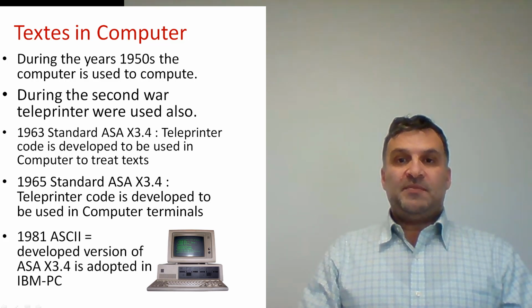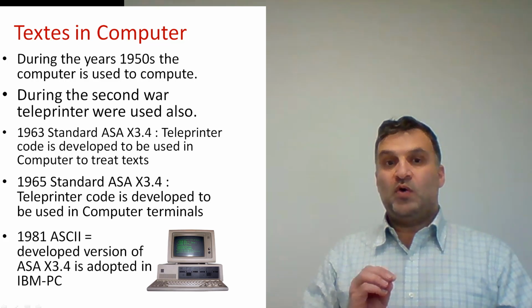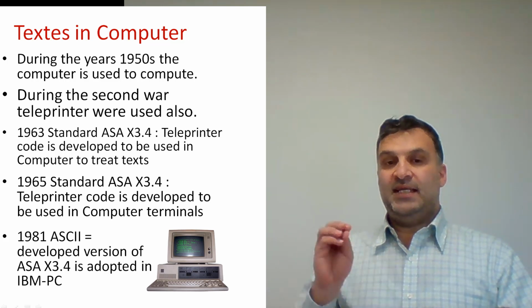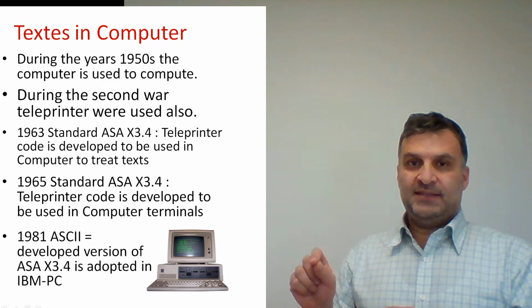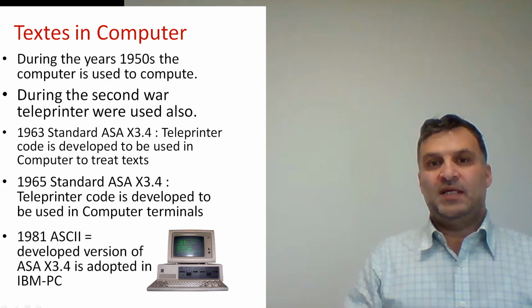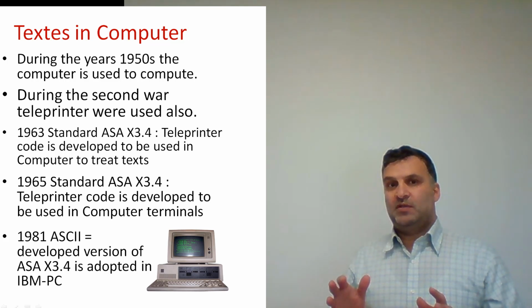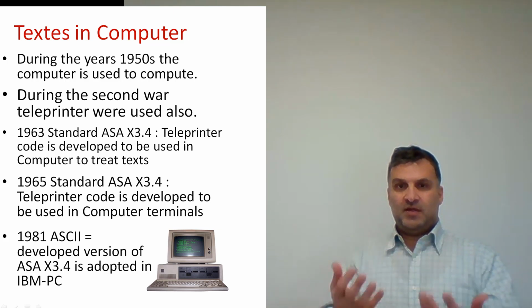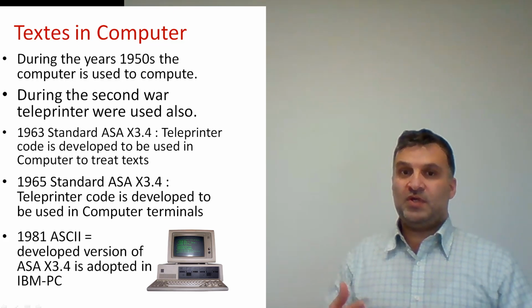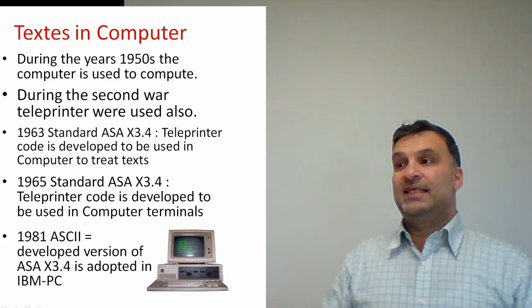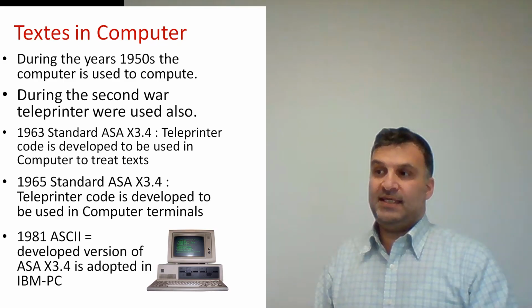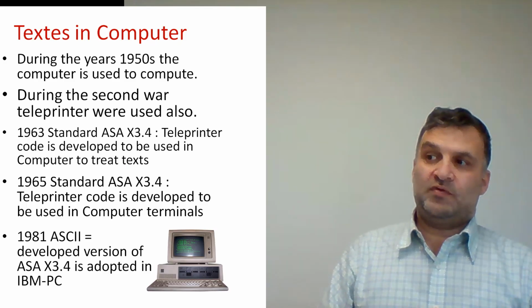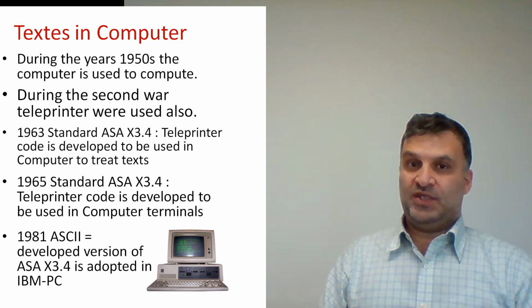This enterprise adopted the ASCII code in its personal computer, and this computer was distributed over the globe with the ASCII code. So this computer was able to treat texts. ASCII is the American Standard Code for Information Interchange.